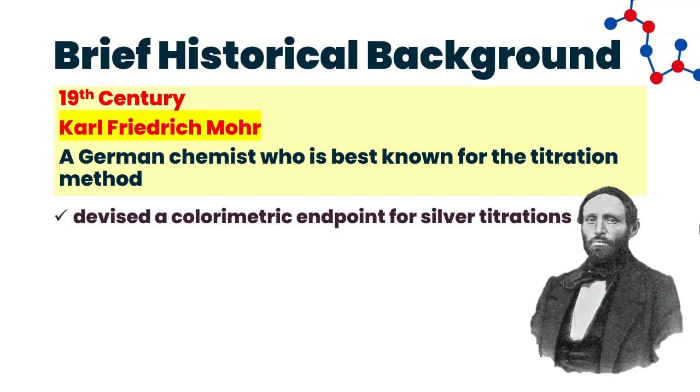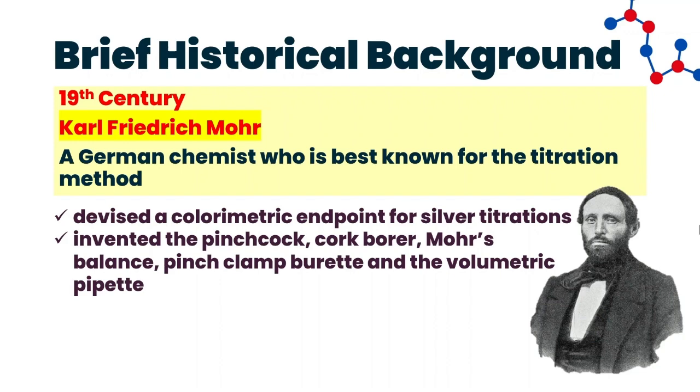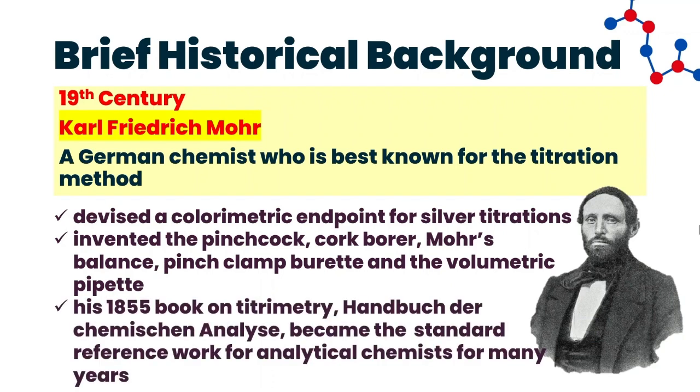He devised a colorimetric endpoint for silver titrations, and he invented a lot of laboratory tools, glassware, tools like the pinchcock, the cork borer, Mohr balance, pinch clamp, the pinch clamp burette, and the volumetric pipette. His 1855 book on titrimetry, Handbuch der chemischen Analyse, became the standard reference for analytical chemists for many, many years.